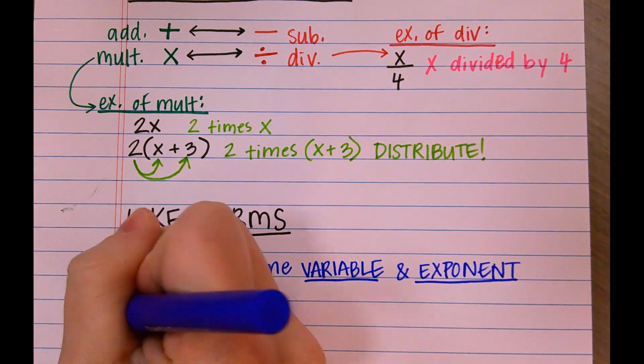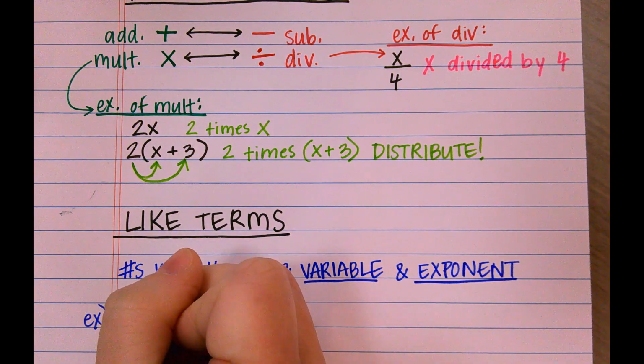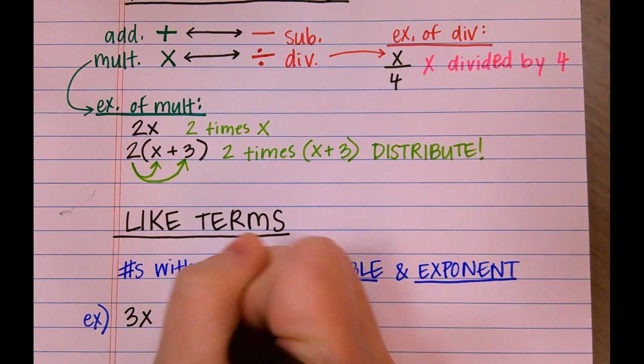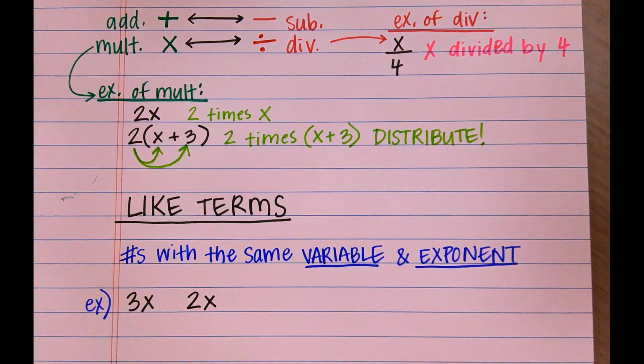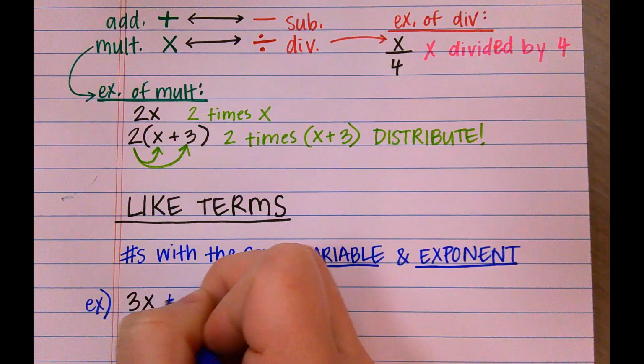For example, let's look at 3x and 2x. Are these like terms? Yes, they are, because they both have x and there is no exponent, which means they have the same exponent. So like terms can be combined by adding.